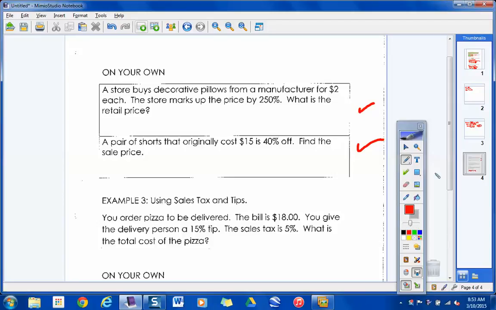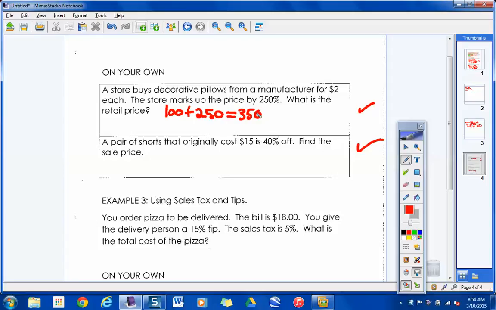Since it's a markup, you take 100 plus 250, and you get 350. So we're really looking for 350% of what value then? The $2 cost. Yep, 350% of $2. Excellent.